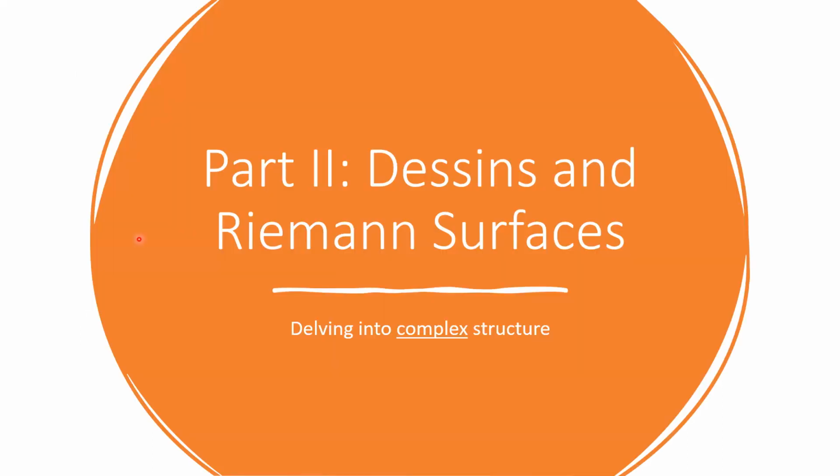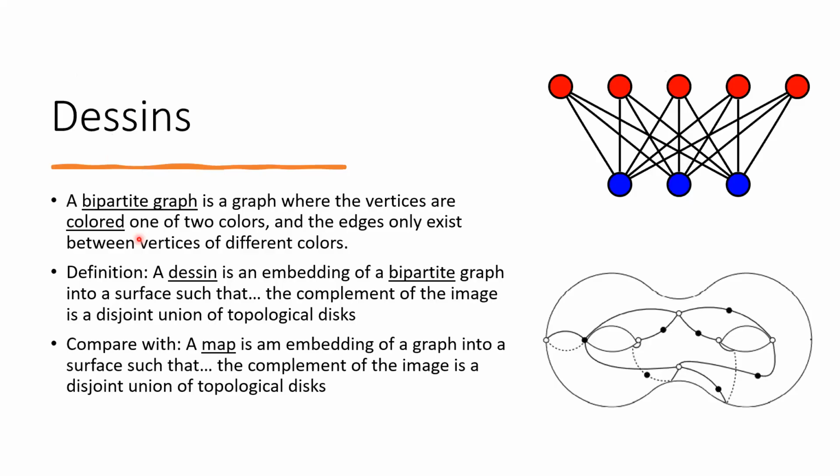But I want to talk about dessins and Riemann surfaces. So let me start here. A dessin is a bipartite graph, where a bipartite graph is a graph where the vertices are colored one of two colors, and the edges only exist between vertices of different colors.